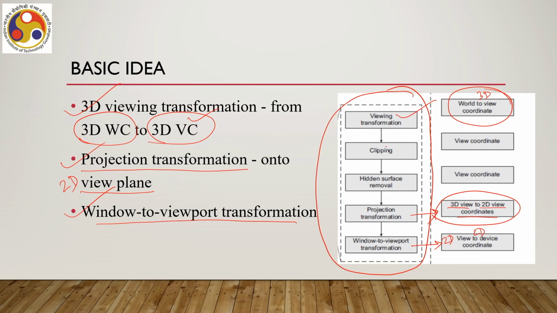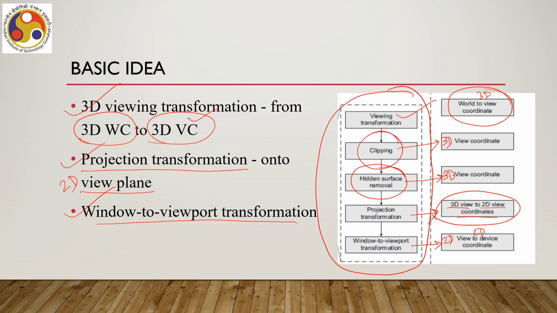Now, here there are two more operations that take place, one is clipping, one is hidden surface removal. Clipping takes place in 3D view coordinate system as per our way of understanding the pipeline, and hidden surface removal again takes place in 3D view coordinate system.